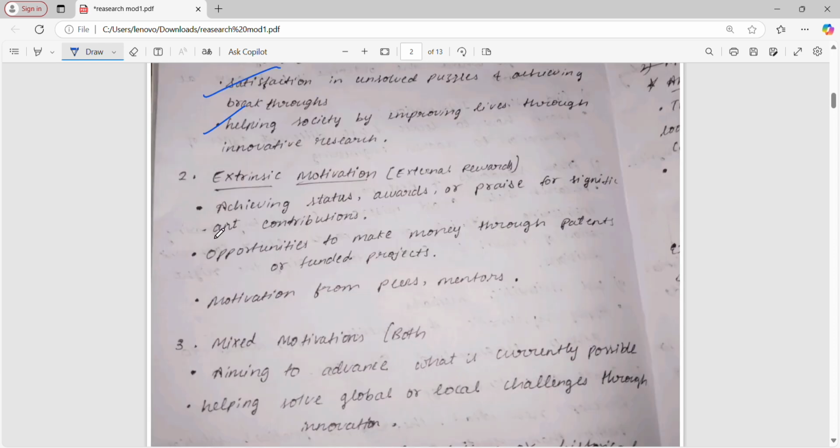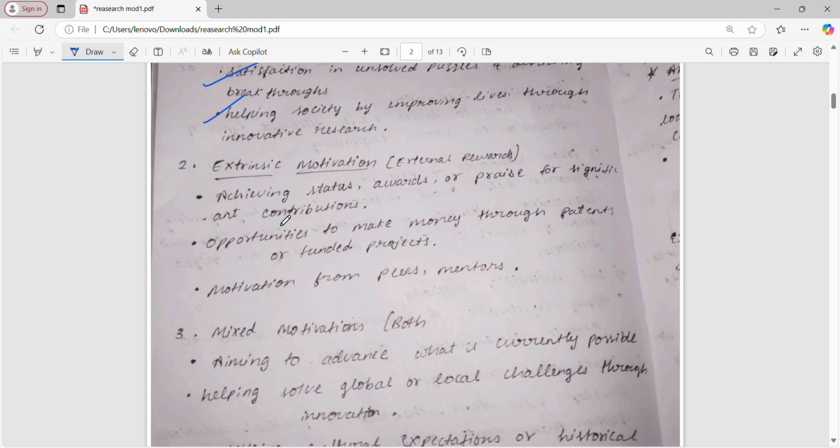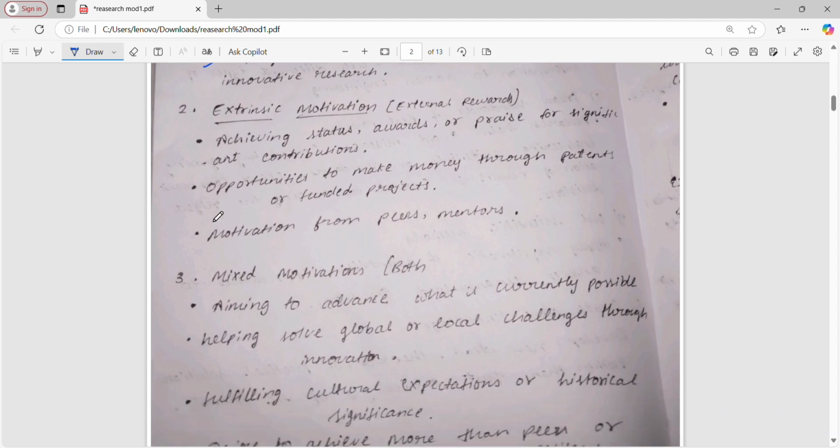Extrinsic motivation is external reward, like achieving status, awards, or praise for scientific contribution, and opportunities to make money through patents or funded projects.